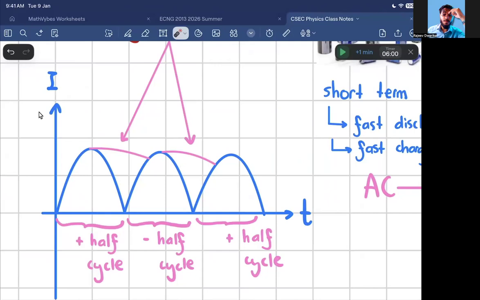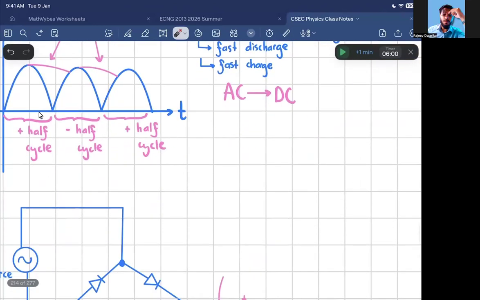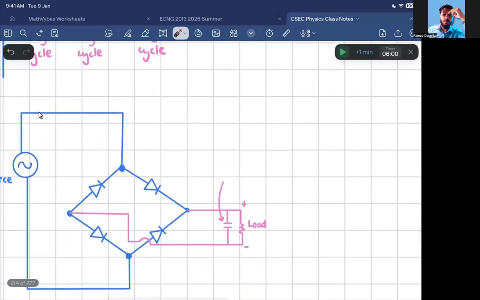Do you think a battery could charge and discharge in one sixtieth of a second? No. So you use a capacitor then. A capacitor charges and discharges really fast. So you'll use a capacitor, not a battery. A battery is a long-term charge storage device.